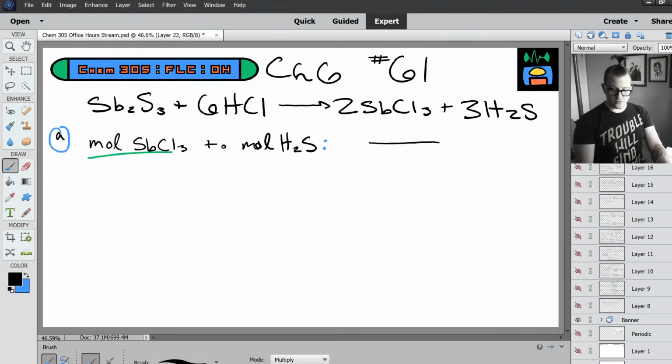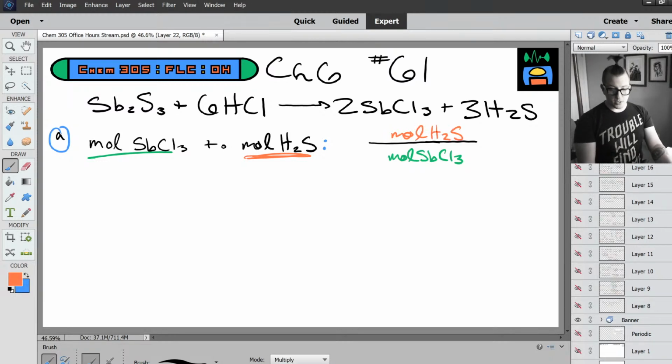So we've got to put moles of SbCl3 in the denominator. And then what we're converting to, moles of H2S, that goes in the numerator.